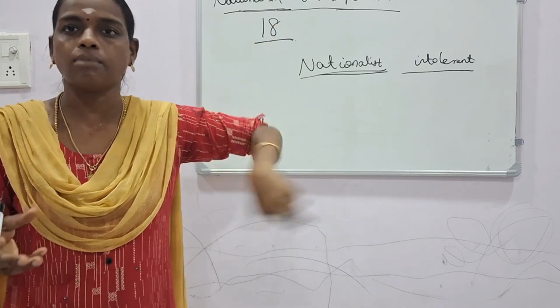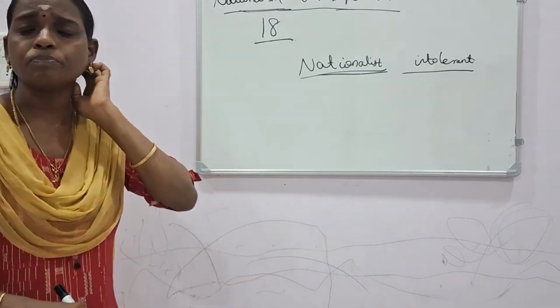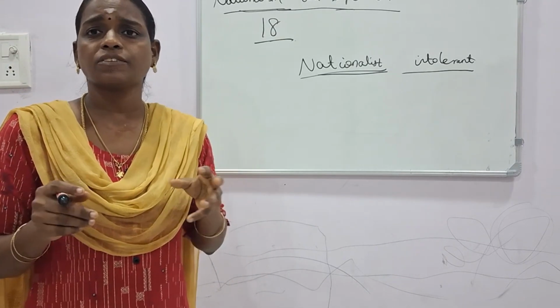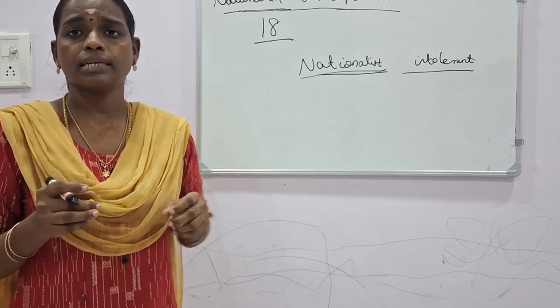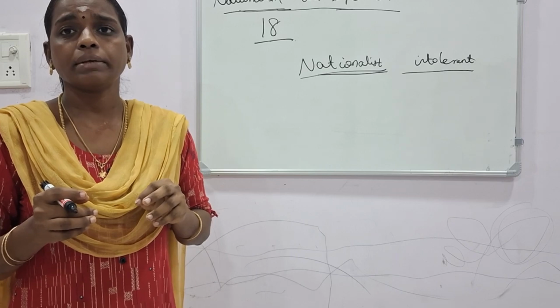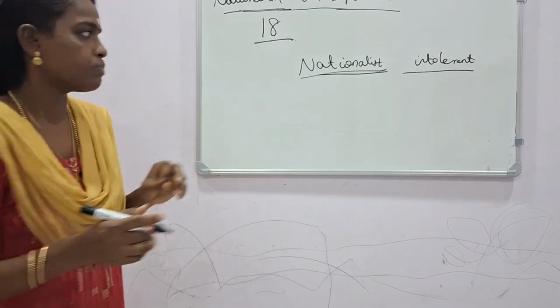And the important nationalist problem occurred in the year 1871 in the Balkan territory.